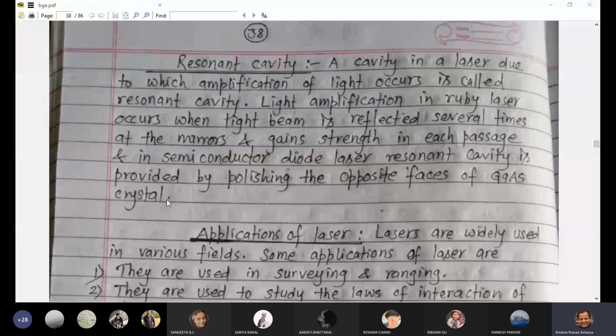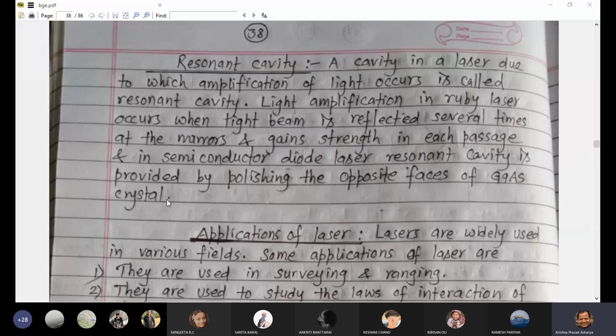So for laser, amplification is necessary. To produce amplification, a cavity or arrangement is required, which is called resonant cavity. For example, in the ruby laser, there are two mirrors and multiple reflection occurs between the mirrors by which amplification occurs.